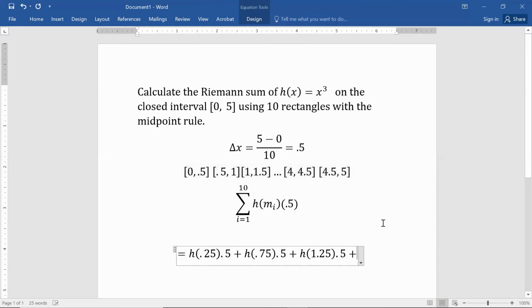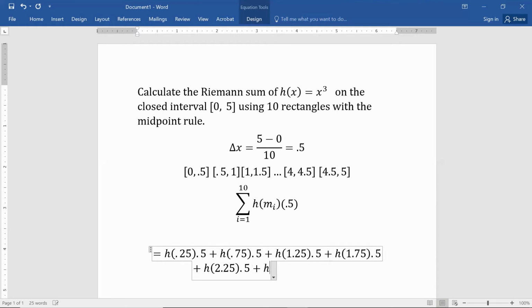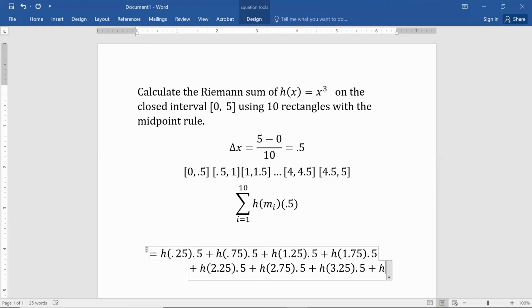So I can keep this pattern going. h of 1.75 multiplied times 0.5 plus h of 2.25 multiplied by 0.5 plus h of 2.75 multiplied times 0.5 plus h of 3.25 multiplied by 0.5, and so on and so forth.